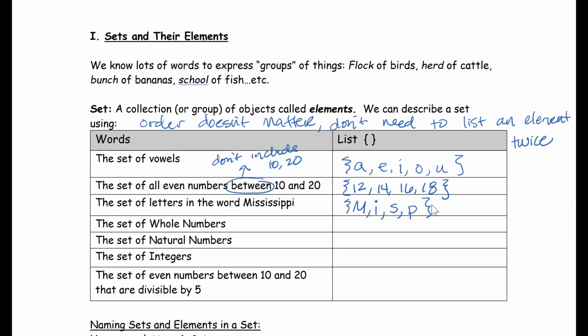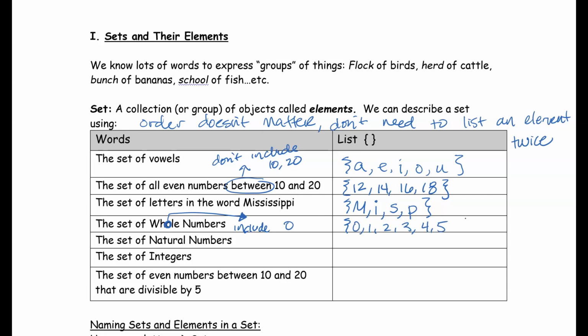Okay, so next one, the set of whole numbers. If you're not sure what the set of whole numbers is, one way to remember this is a trick I learned a long time ago and it helps me. I think of the O in whole and I think of the zero, the number 0. Whole numbers are counting numbers, and we include the 0. So I start at 0 and then I work up from there.